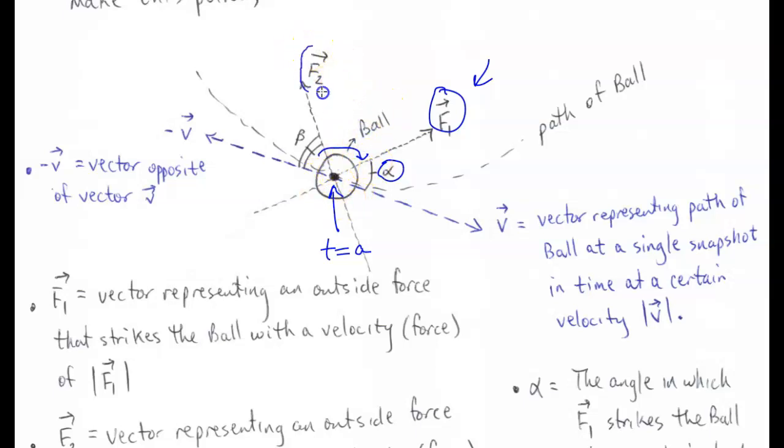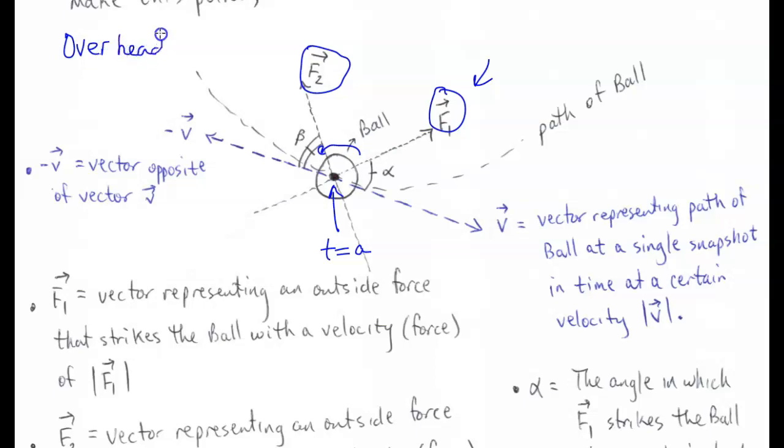If it's hit with force F2, then this motion is going to be counterclockwise instead of clockwise. The ball here is going to be spinning on a vertical axis, and I've drawn this as if we were looking overhead.